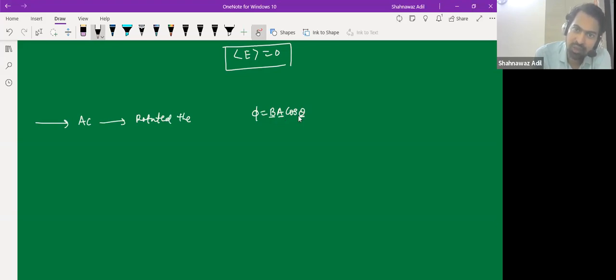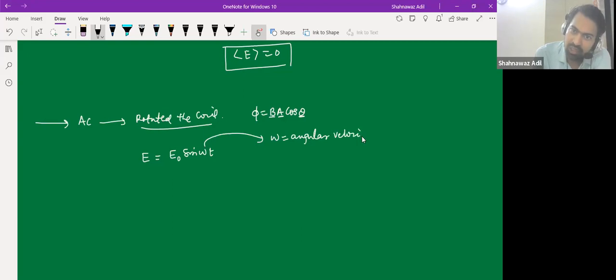Due to this rotation of theta, the flux changed, and then we generated the EMF. Finally, we found out that this EMF had a sinusoidal behavior, where omega is the angular frequency or velocity, and this is for one full rotation.